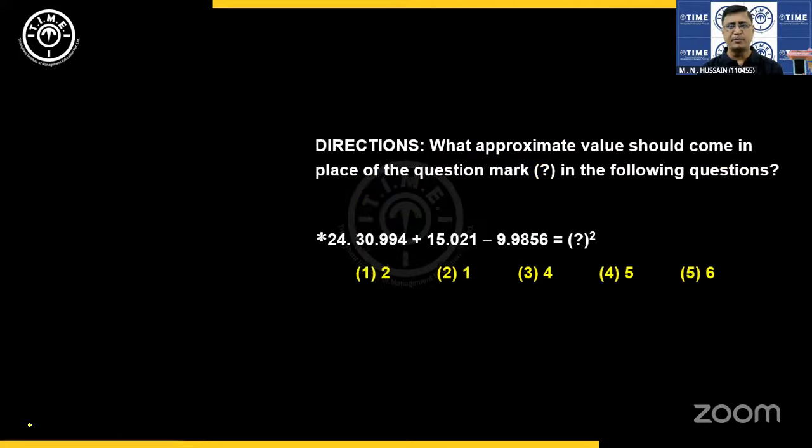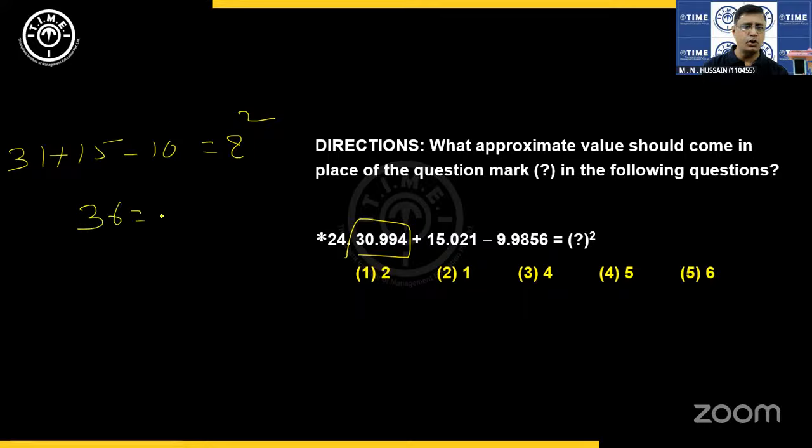Now look at the next example. What approximate value will come in place of question mark? So question mark we need to find out. Here the value is 31 plus 15 minus 10 is equal to question mark square. 35 plus 15, 46. 46 minus 10, that is 36. 36 is equal to question mark square.